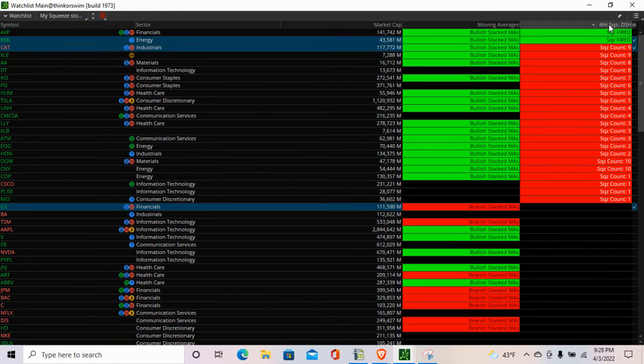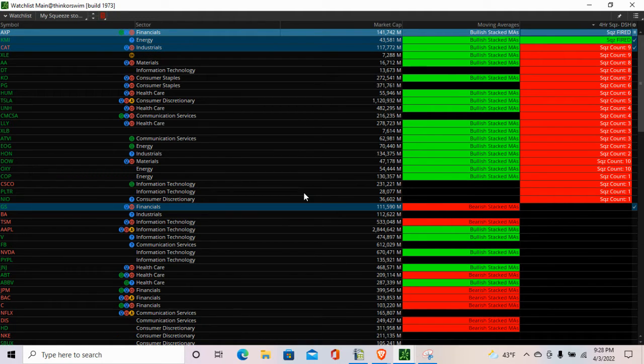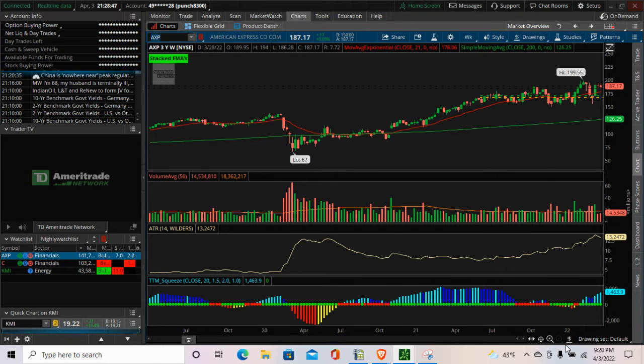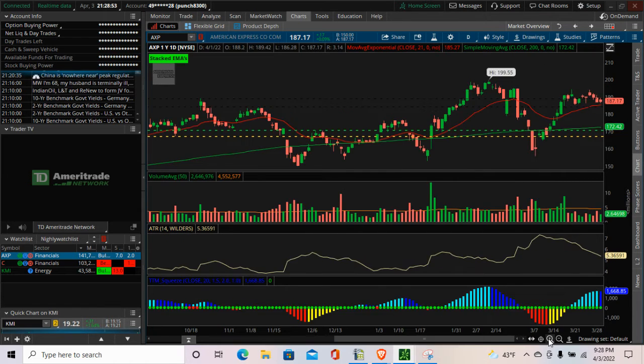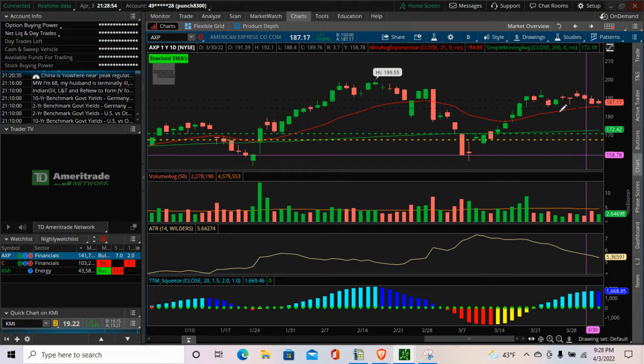This would show me when the squeeze is fired, and this is going to show me when a squeeze is setting up and the count. What that means is how long that stock has been in the squeeze. So, for instance, if we go to AXP, this is showing that this stock has squeezed on the daily chart, and it's fired.